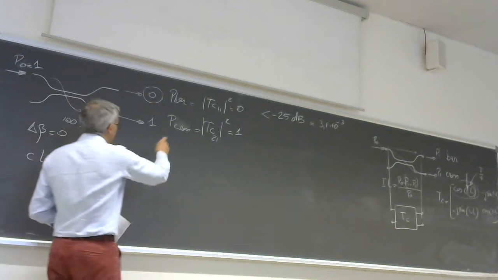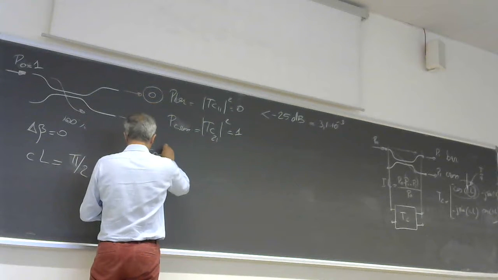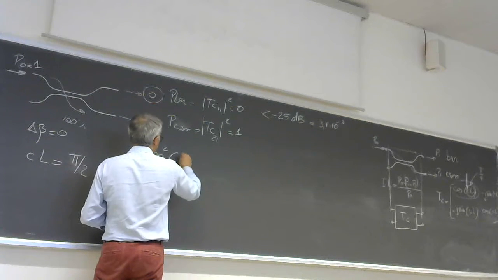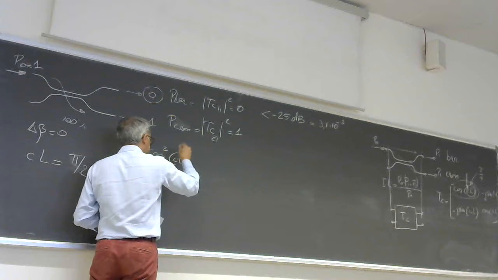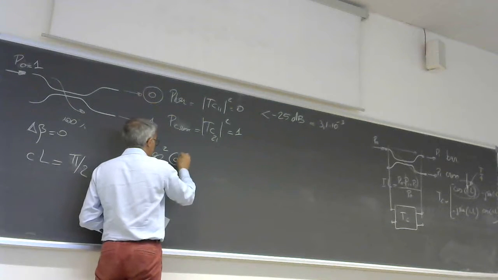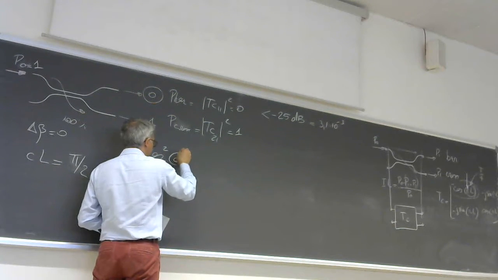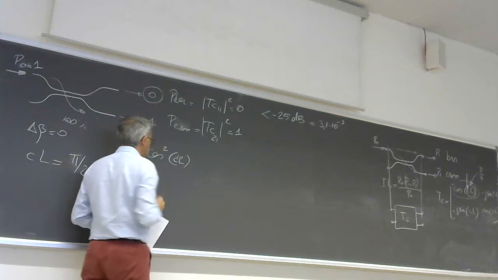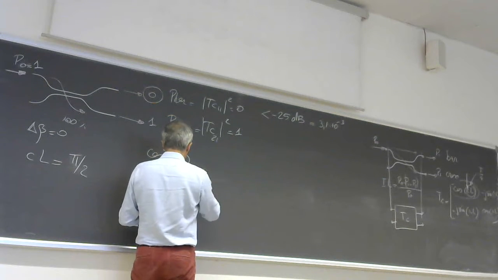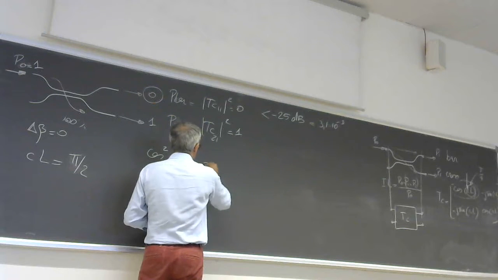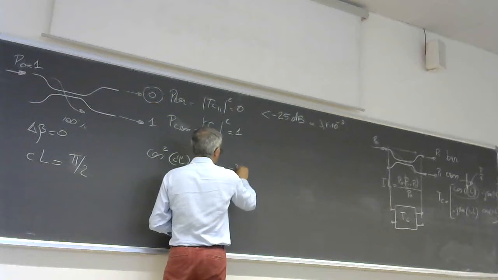This means that the cos square of the perturbed CL, let's call it C prime L prime, is equal to 3.1 times 10 to minus 3.